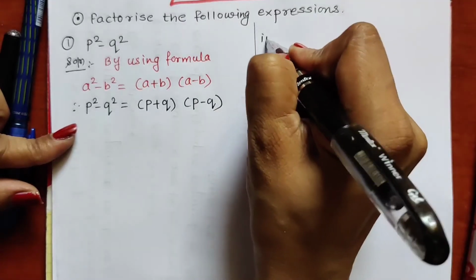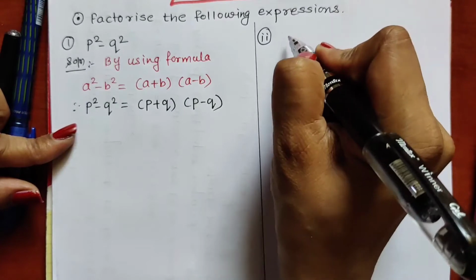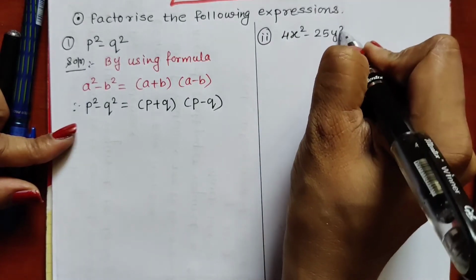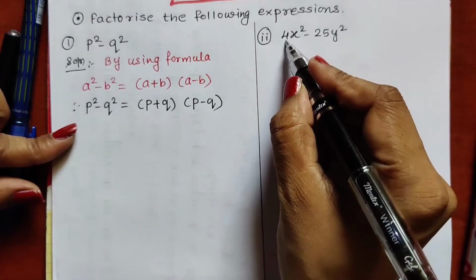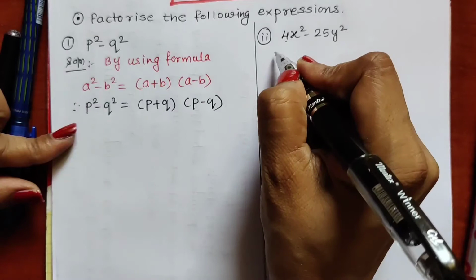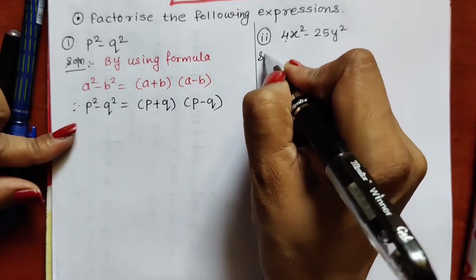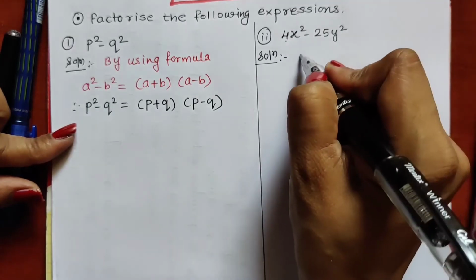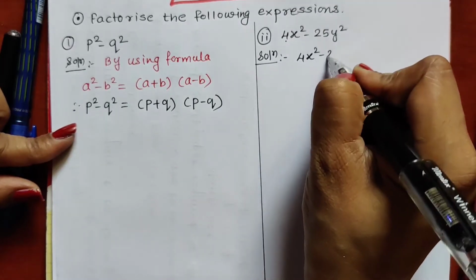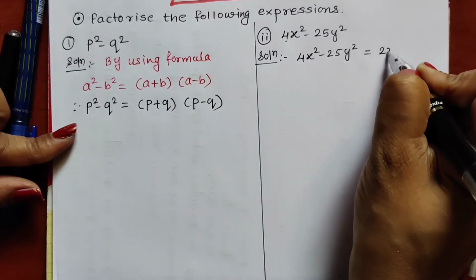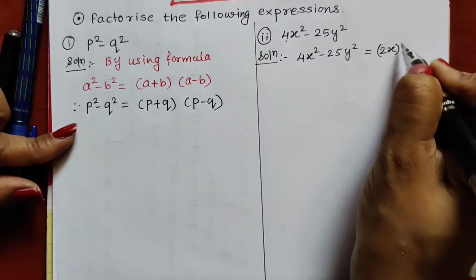Now let us see the second sum. It is 4x square minus 25y square. Now, as with the variable there are numbers, coefficients, with the variable, first convert it into perfect squares and then we will apply the formula. So 4x square minus 25y square. 4 is the square of 2, x square is the square of x, so 2x whole square.